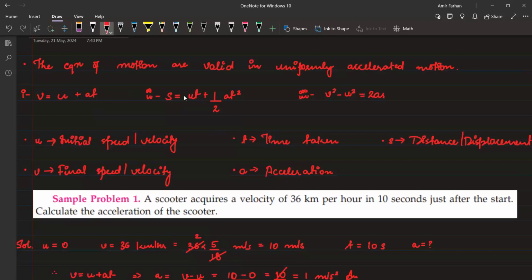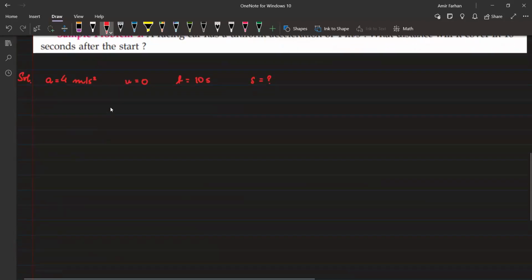So I will be choosing the second equation, that is S equals to ut plus half at square.